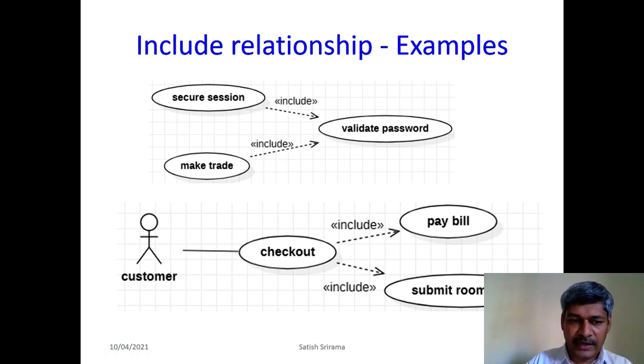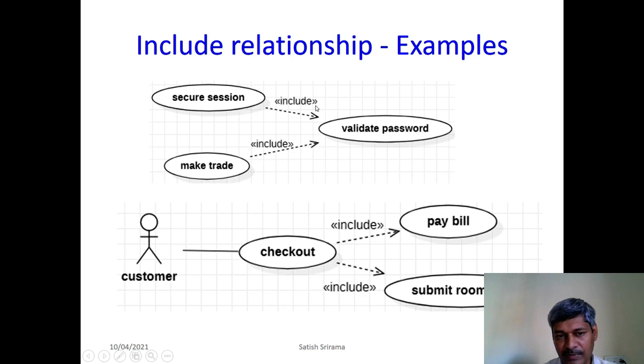At the same time, for every trade that it makes, it also has to validate the password again. You could add all the functionality into one use case. Rather, what the include relationship says is that within this secure session, you can include validate password. Similarly, in make trade, you can include validate password.